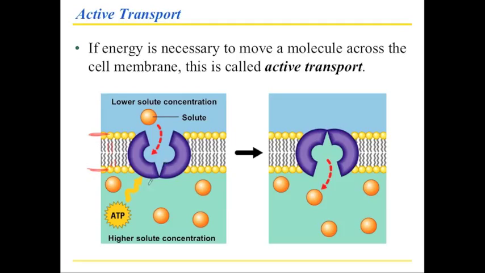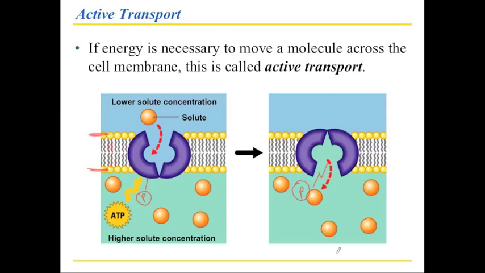How do you bring it in? You use a little phosphate group. The phosphate group is going to be able to be stuck on there, and then when the phosphate group pops off, it gives energy to this transport protein, and you end up being able to bring in the solute.